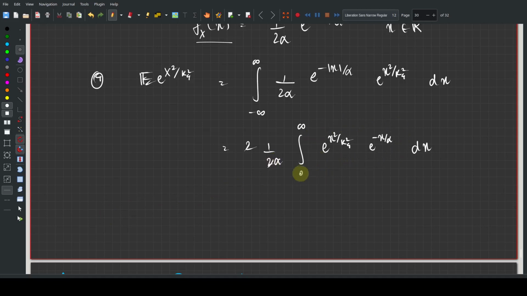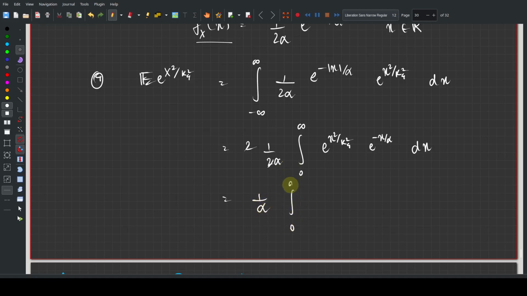How do you think I could handle this particular integral? Correct. So basically I want to reduce it to the PDF of a Gaussian because I know that the integral of the PDF of a Gaussian should be equal to 1. So that's a standard trick.